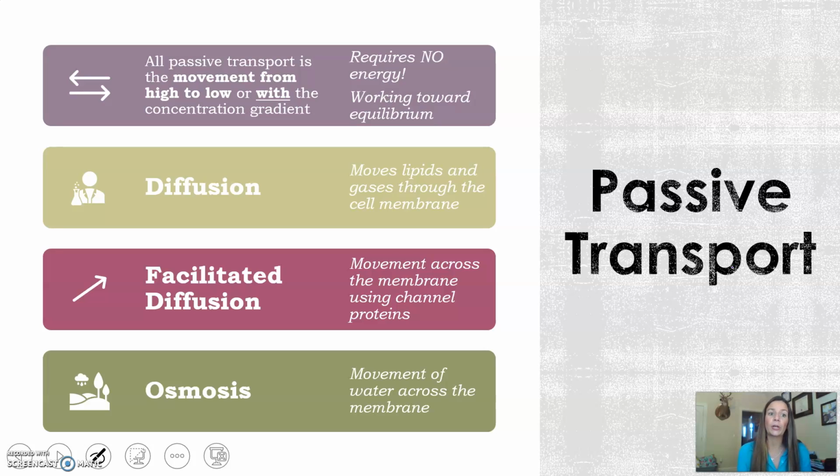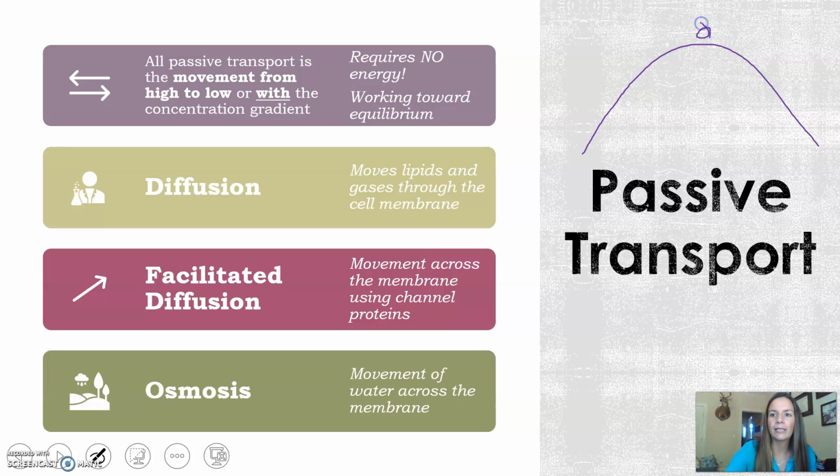So passive transport, this is movement from high to low or with the concentration gradient. So we tend to reference a hill a lot. So if you were running and you come across a hill, which time are you going to use more energy? Or actually, let's say biking, just because you don't even have to pedal to go downhill, right?